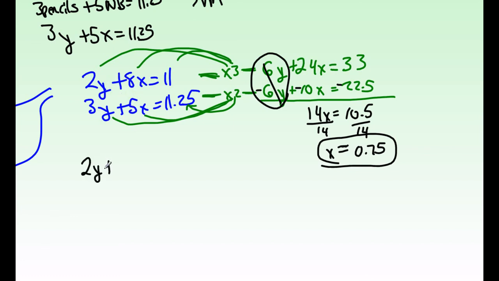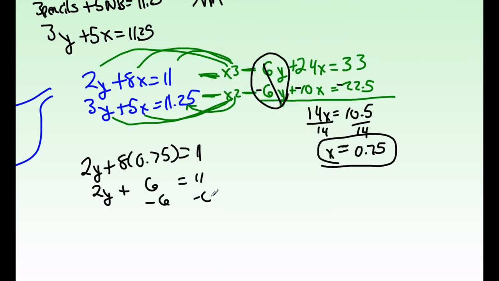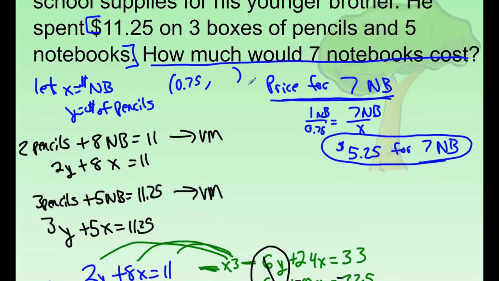So 2y + 8 times 0.75 equals 11. 2y plus 8 times 0.75, 6. 11 minus 6, 2y equals 5. Divide by 2, y equals 2.5. So it's $2.50 for a box of pencils. Okay?